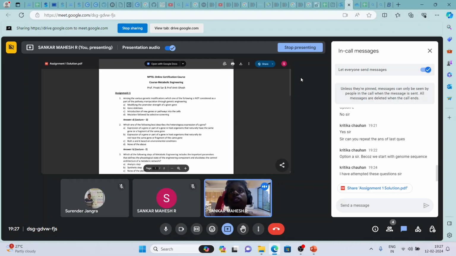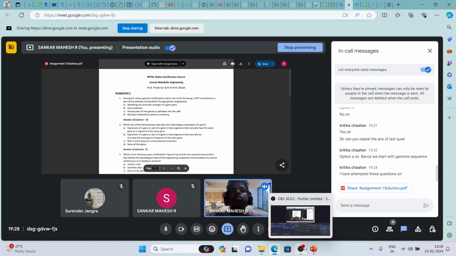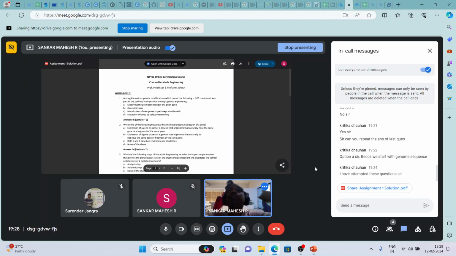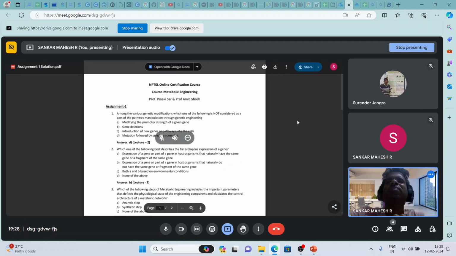The second question is, which one of the following best describes the heterologous expression of a gene? Option A, expression of a gene or a part of a gene in a host organism that naturally has the same gene or fragment of the same gene. Option B, expression of a gene or part of a gene in a host organism that naturally does not have the same gene or fragment of the same gene.